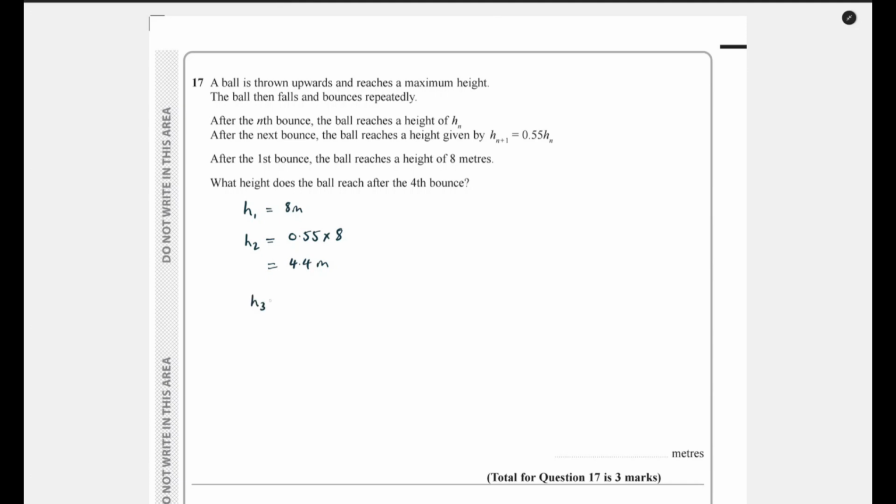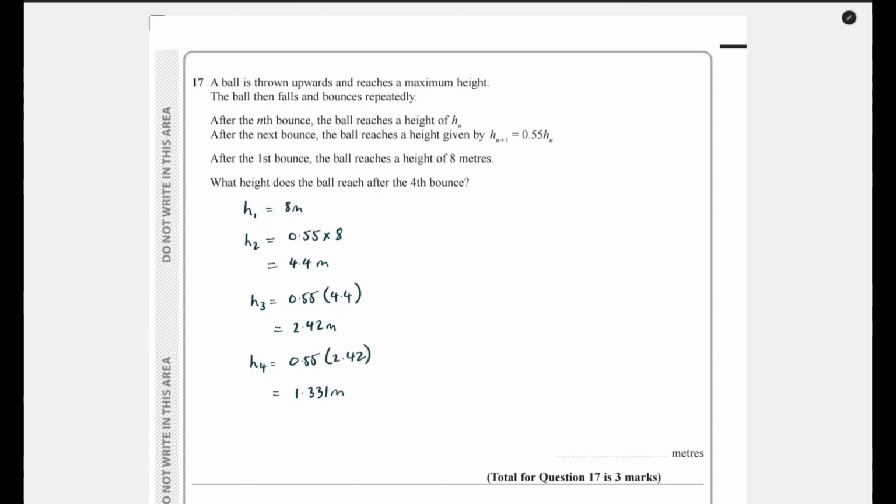So h3 is just 0.55 multiplied by h2, in our case 4.4 meters, and that is equal to 2.42 meters. And finally, for the fourth bounce, we say h4 is just 0.55 multiplied by h3, which is 2.42, and that is equal to 1.331 meters.